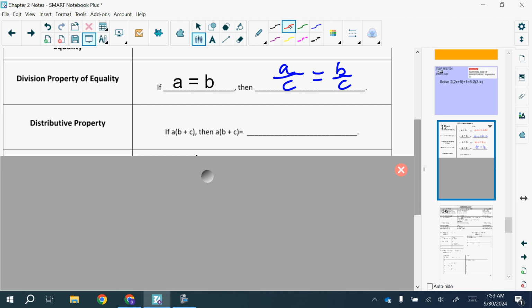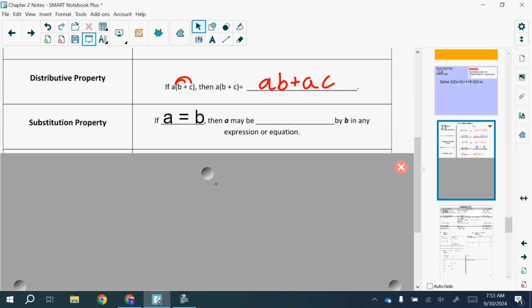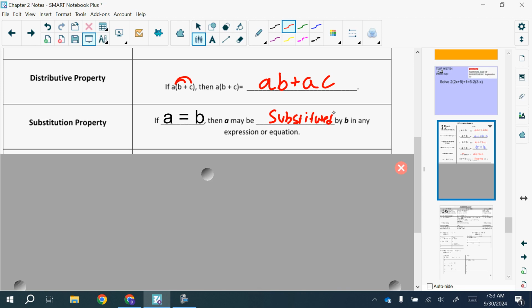If we have A times B plus C, then we can also write that as distribute your A to the B and C, A times B plus A times C. Substitution property. If A equals B, then A may be substituted by B in any expression or equation.